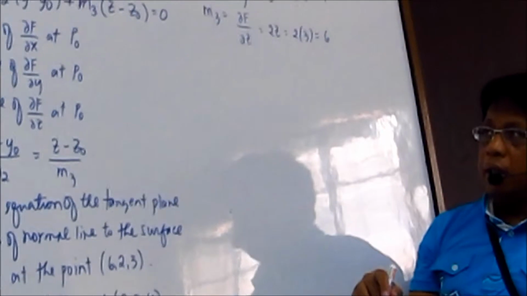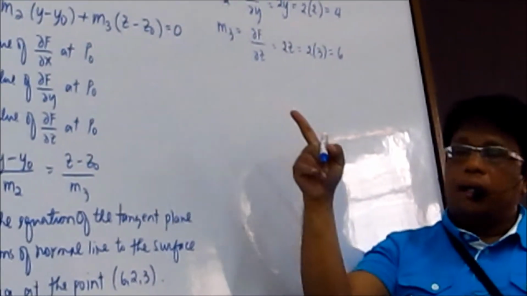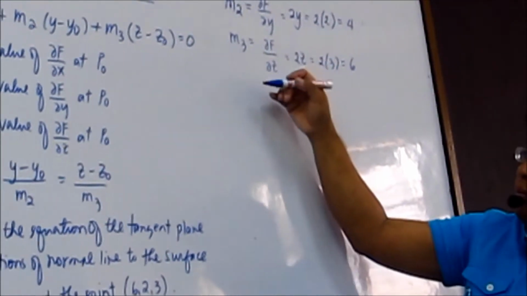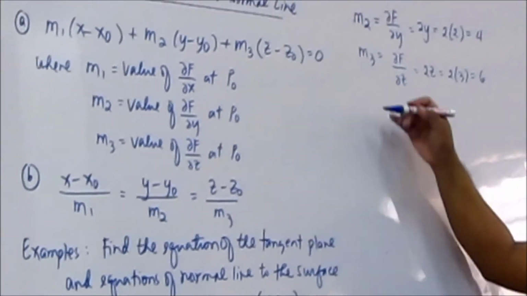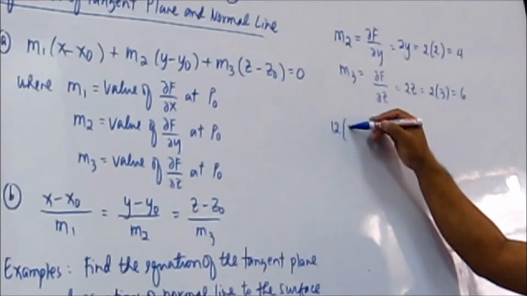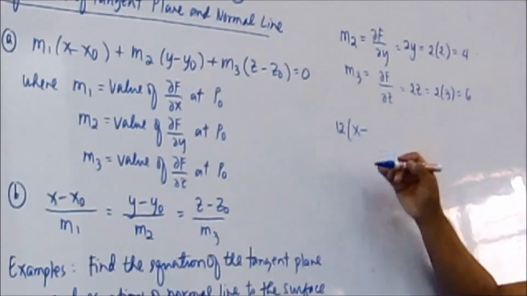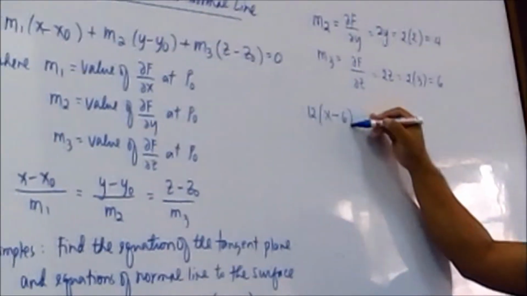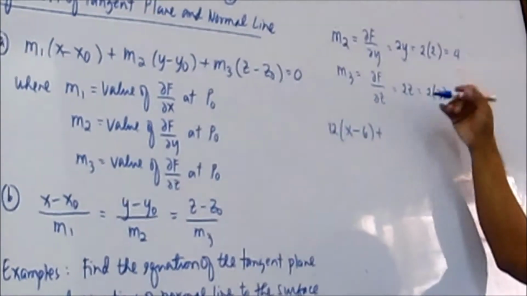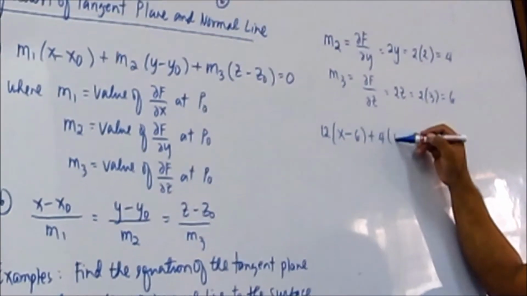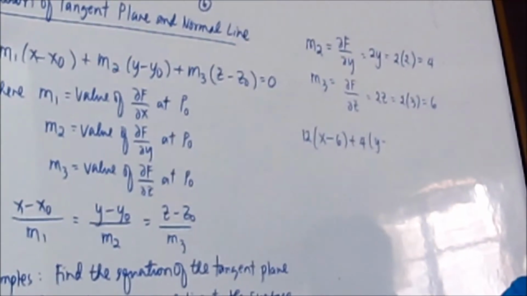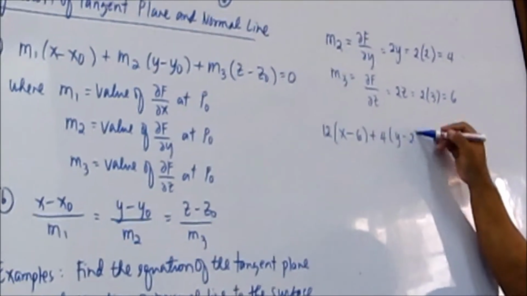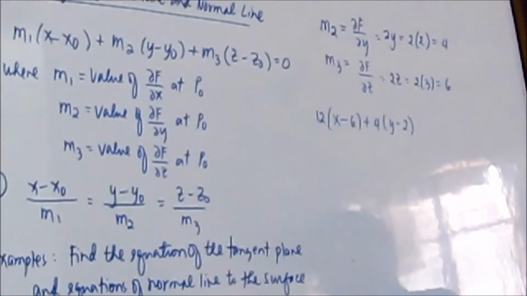So we can now define the equation of the tangent plane, where we have the formula. m1 is 12, times x minus x sub 0, which you get from the given point, which is 6. Then plus m2, which is 4, times y minus y sub 0, which is 2, again from the given point.